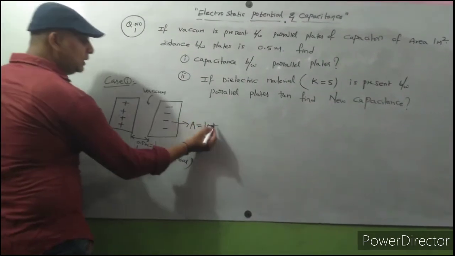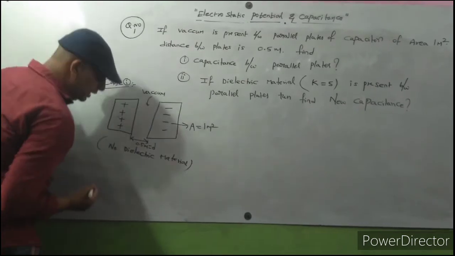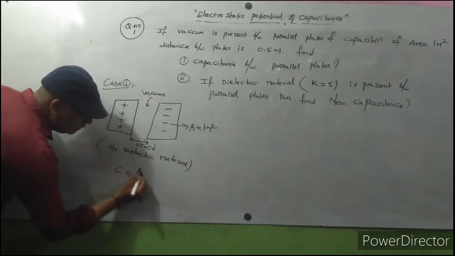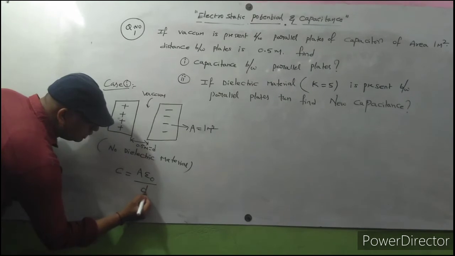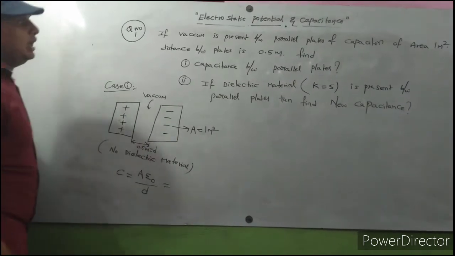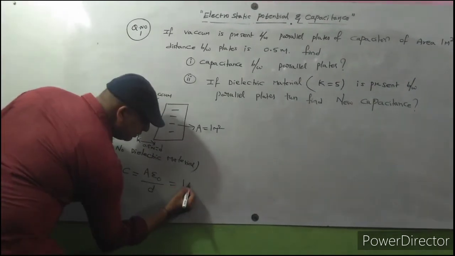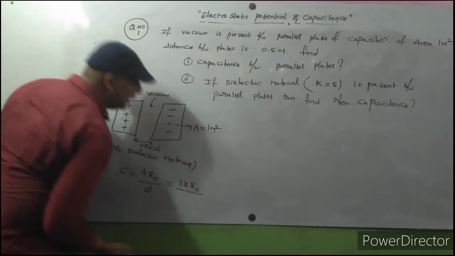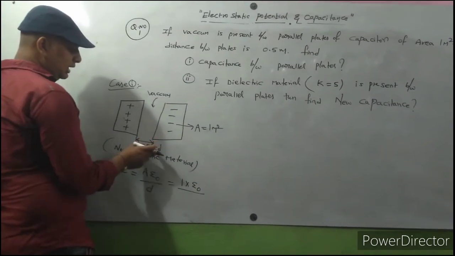Then the capacitance between the parallel plates has the formula A times epsilon naught by D. A is 1 meter square, times epsilon naught by D, which is 0.5.